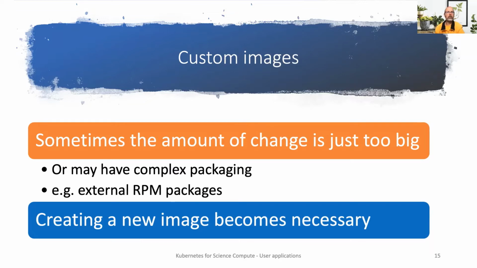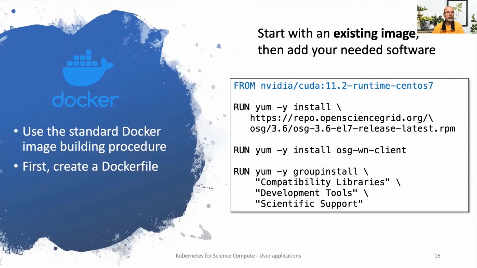So how do we go about creating an image? You can use the standard Docker image building procedure. If you've ever done that, you probably know what it looks like. If you don't, there is something called a Dockerfile. It's a text file where you describe what the image should look like.